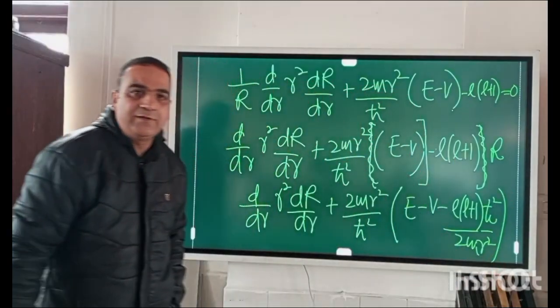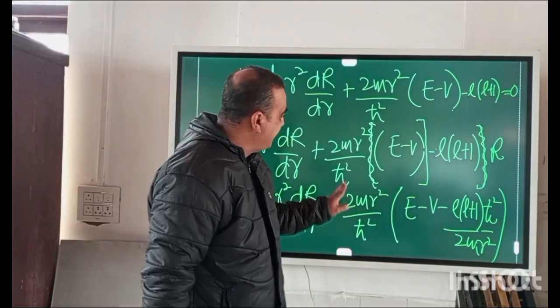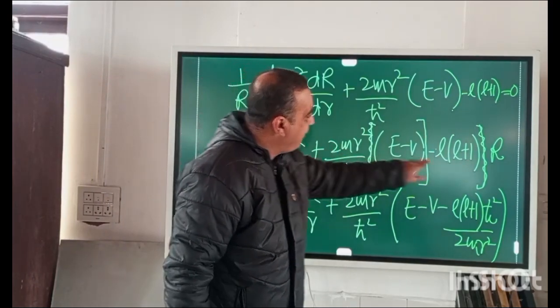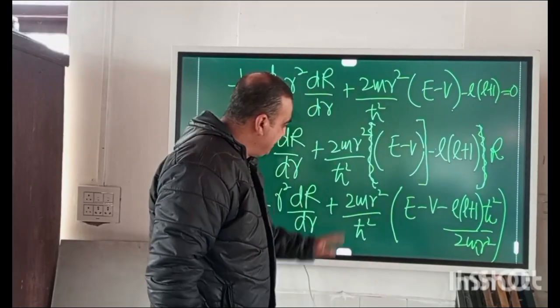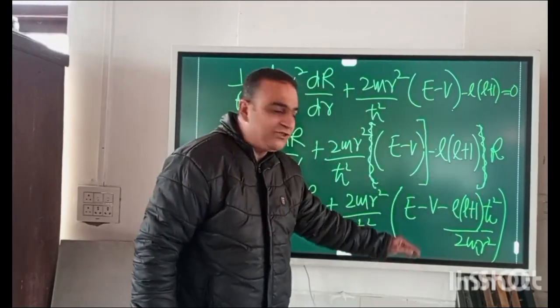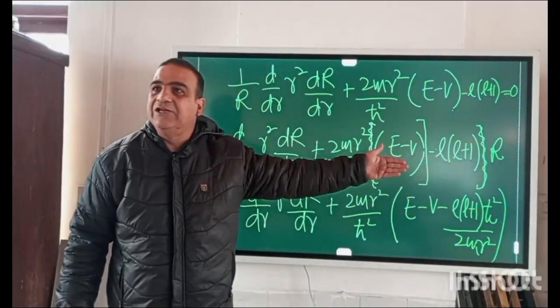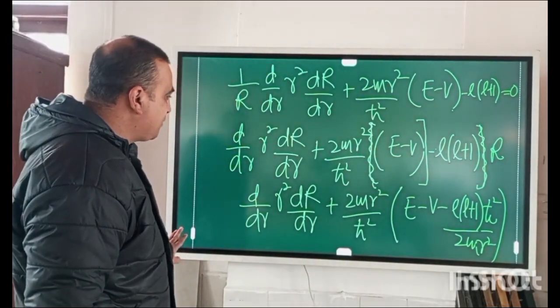Did you get this step? See, it's quite simple. What I have done is introduced L into L plus 1 into the bracket, so that when you go back into the bracket, there will be cancellations. You will be left with L into L plus 1. Clear? Fine. So up to now it's okay.